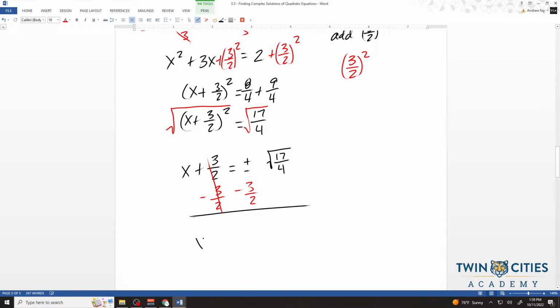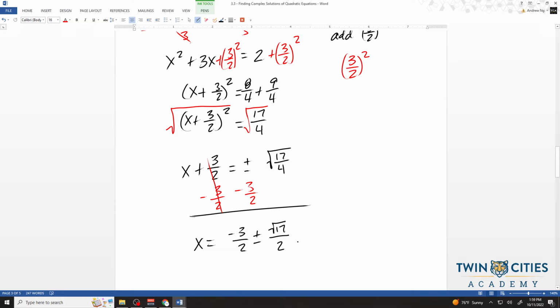X is equal to negative 3 halves plus or minus, and I can break this up into the square root of 17 on top over the square root of 4 on bottom, but the square root of 4 is 2.